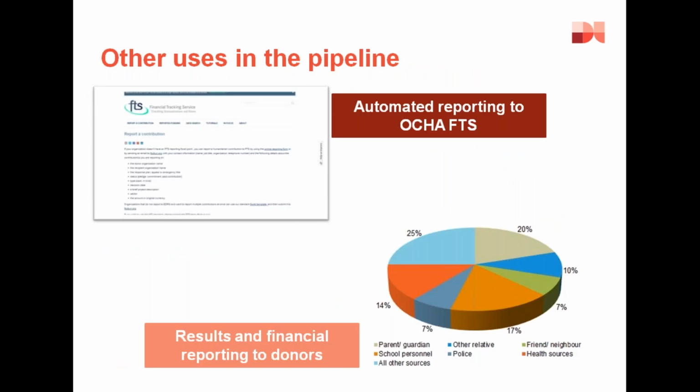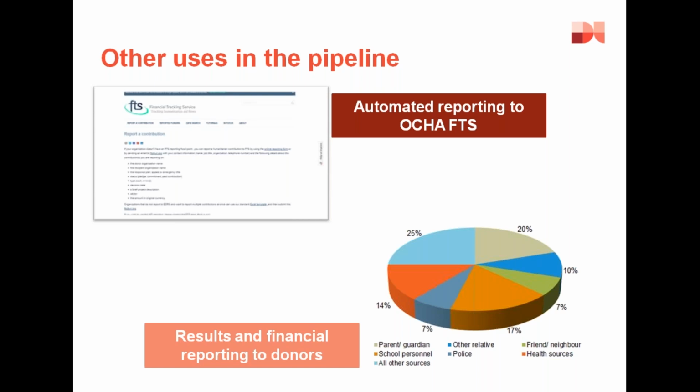And there are other uses in the pipeline. I've already mentioned FTS, which is very much being built from an IATI perspective in order to import IATI data. So if you're publishing IATI data directly into their systems, which obviously saves them manpower and resources, as they don't have to manually curate the information, it is also a benefit for publishing organisations, as you won't have to report to FTS separately either.